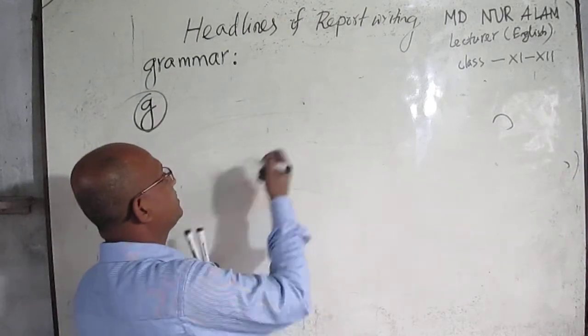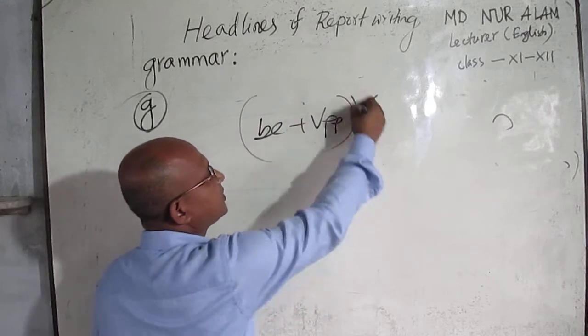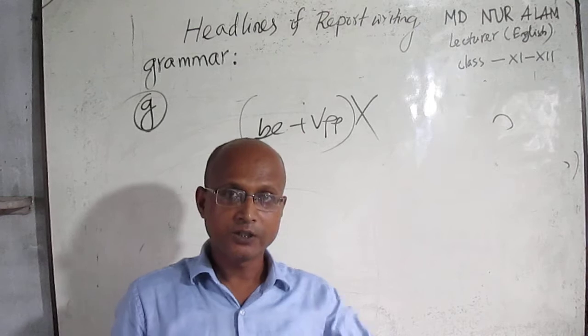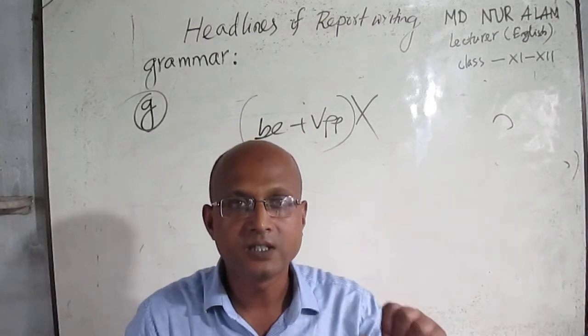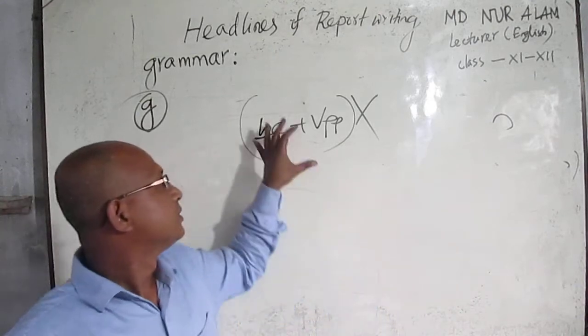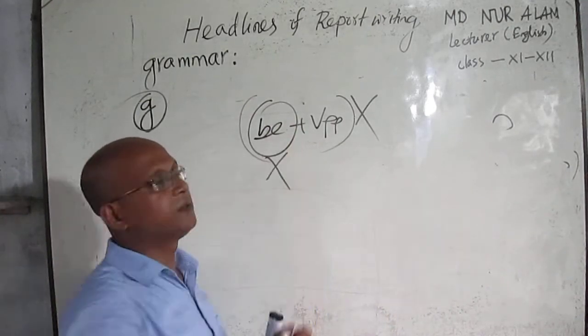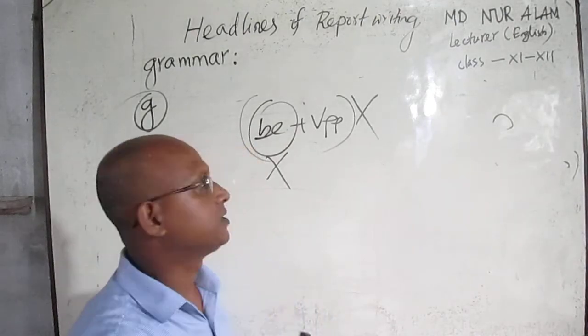They drop the be verb and leave only the past participle. So what is the rule? Drop the be verb in the passive structure and write only the past participle.